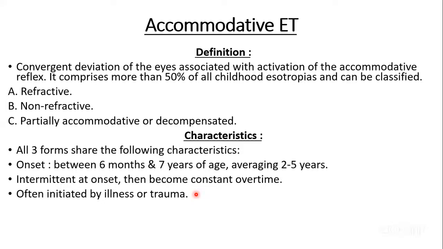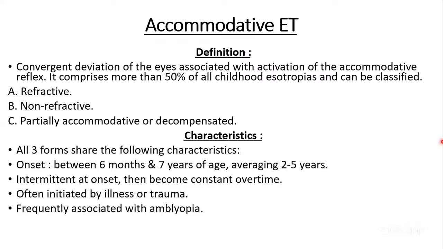Because of illness, the fusion and the control of the deviation will be lesser. Because of that, parents or family usually start to notice the eso deviation, or also the exo deviation, after the patient became ill or after head trauma. Okay. So, what is the horizontal fusional amplitude, sir, after which it becomes decompensated?